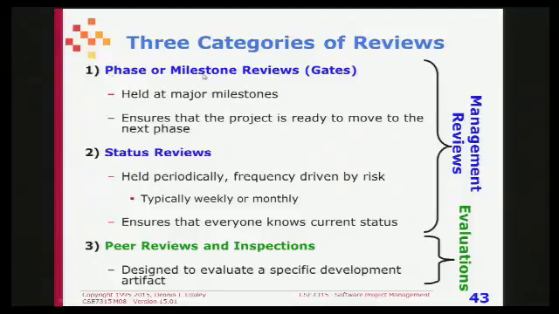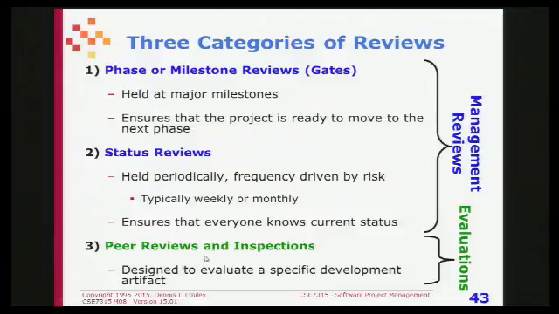A milestone review is something that occurs at a major milestone in the process, the end of design, the point where we completed all the tests, or some such thing as that, when the requirements have met a certain standard. And the idea is, have we done what we should have done? Are we ready to move on to the next major step of the process?